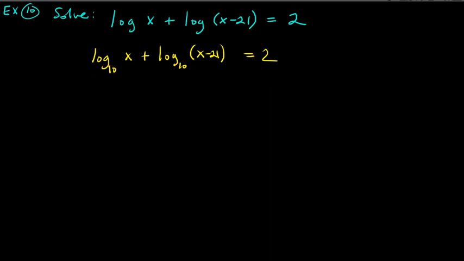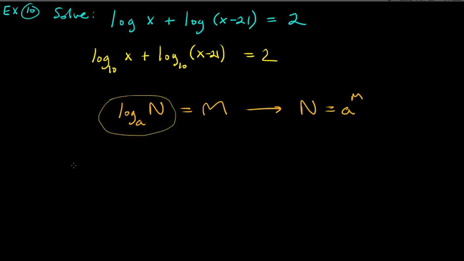The rule you want to use here is as follows. You want to do log base a of n equals m. That becomes n equals a to the m. So notice that this is just a single logarithm. It's one logarithm. Here we have two different logarithms.